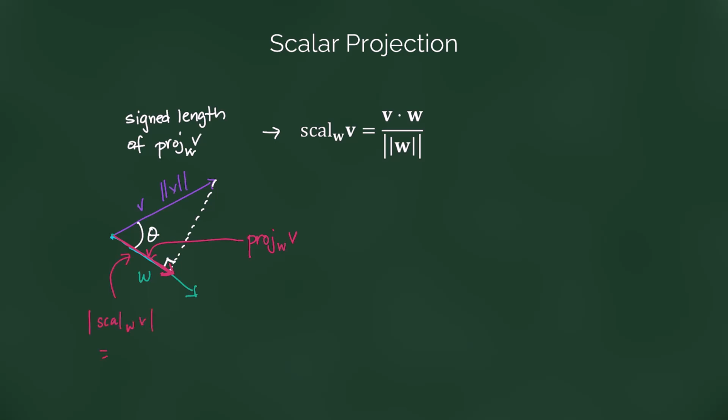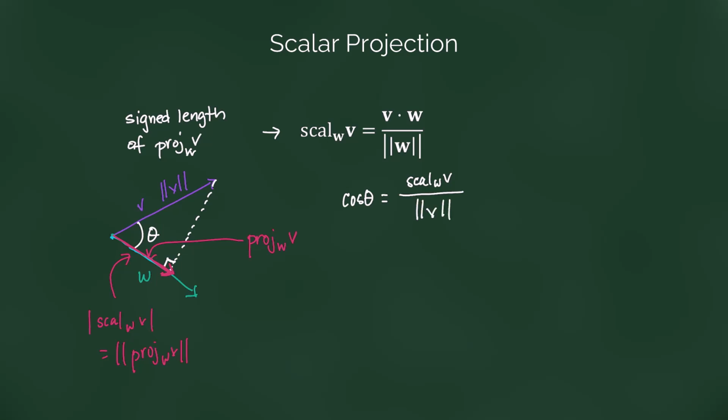In other words, this is the magnitude of the projection of v onto w. We can use trigonometry then to note that the cosine of theta is going to be equal to this scalar projection of v onto w divided by the magnitude of v.